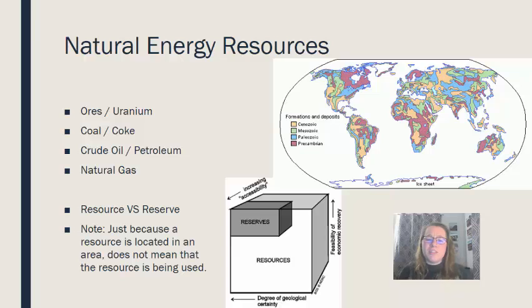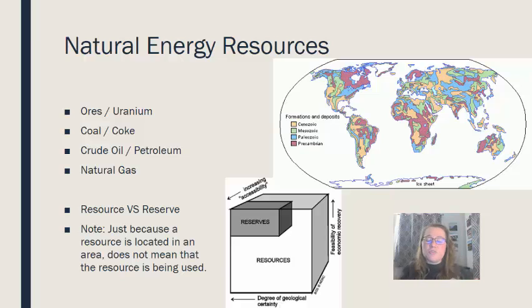Also keep in mind, just because a resource is found somewhere does not mean that we're actively extracting that resource. I included on this slide a picture of the globe that shows the bedrock geology over time. You're going to notice that these non-renewable resources are not evenly distributed throughout the world.